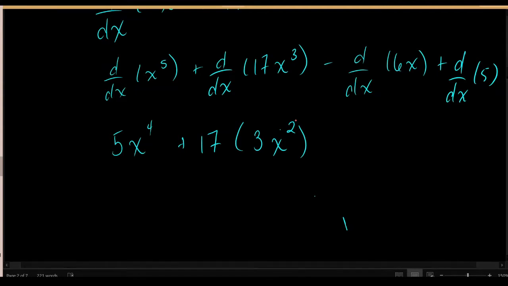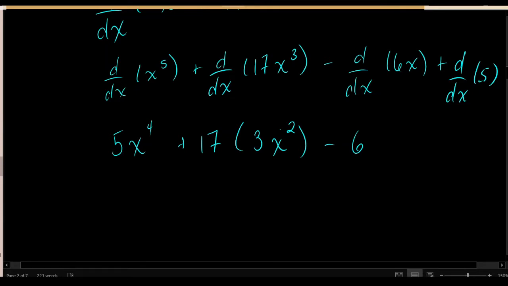Now what about the derivative of 6 times x? Yesterday we saw that if we had a function of the form number times x, that the derivative was just equal to that constant multiple, was just equal to 6. And in the back we have the derivative of a constant.